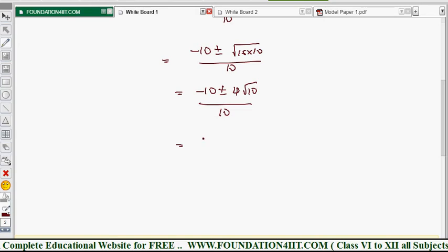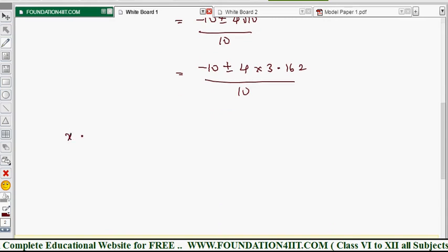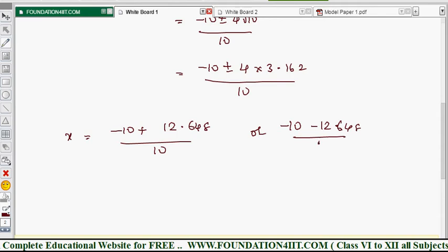Then we can apply the root 10 value. So square root of 10 is 3.162. You can substitute directly: minus 10 plus or minus 4 into 3.162. You can use the long division method or remember the values, by 10. We will take once plus and once minus. Then x is equal to minus 10 plus 4 into 3.162, which is 12.648, divided by 10.